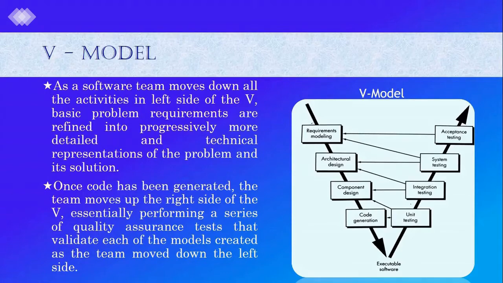Once the code has been generated, the team moves up the right side of the V, essentially performing a series of quality assurance tests that validate each of the models created as the team moved down the left side. The tests are unit testing, integration testing, system testing, and acceptance testing.